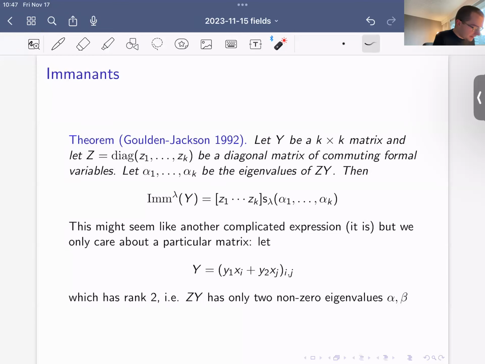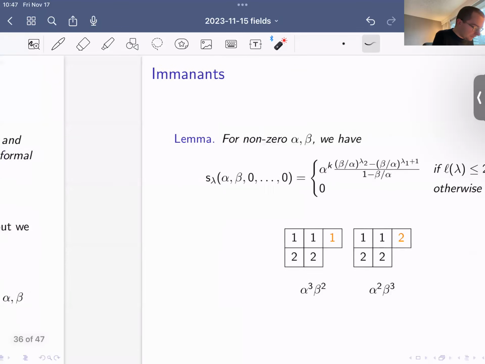Right, so this has rank 2. And so we only need to worry about two non-zero eigenvalues, right? So there are only two non-zero arguments in this Schur polynomial. And so that makes this Schur polynomial much simpler to compute than it would be in general.